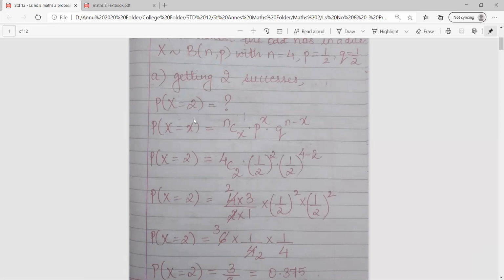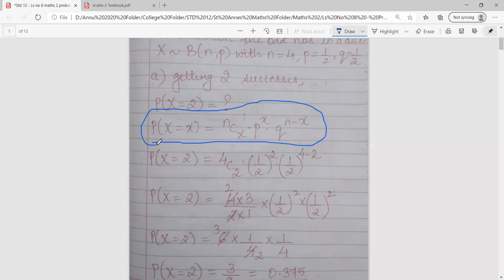Whenever you start the sum class, always write the formula at least once before you start with the sum. So P(X = x) is equal to nCx into p raised to x into q raised to n minus x. Those who have watched my previous videos will be able to understand how this formula is derived in a binomial distribution.